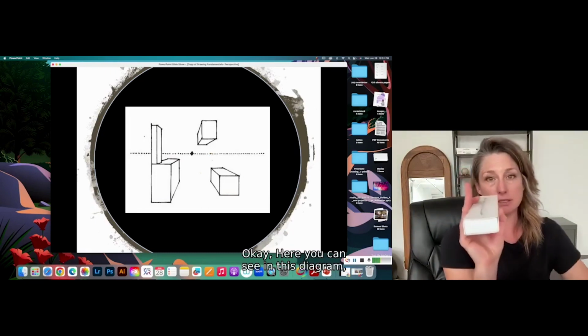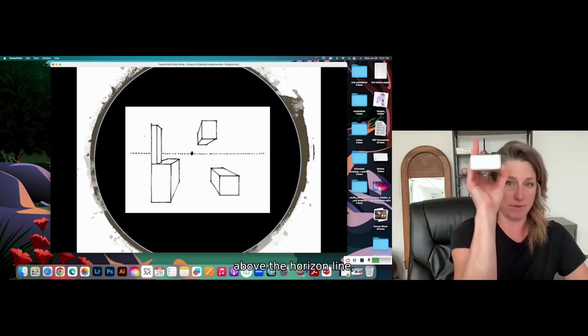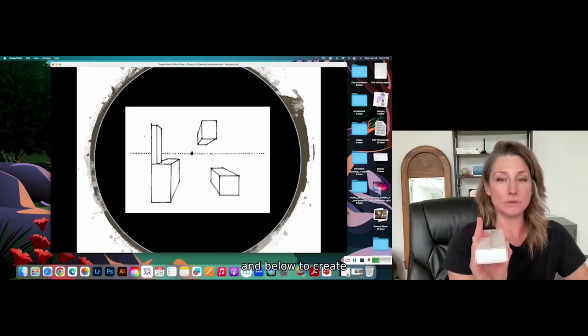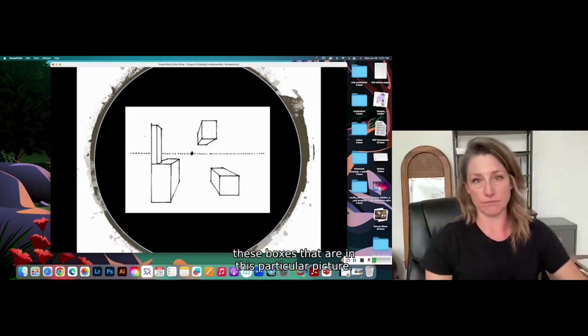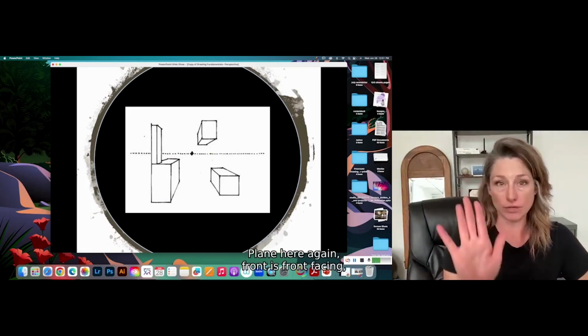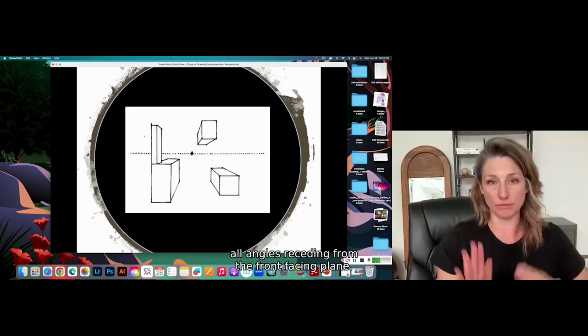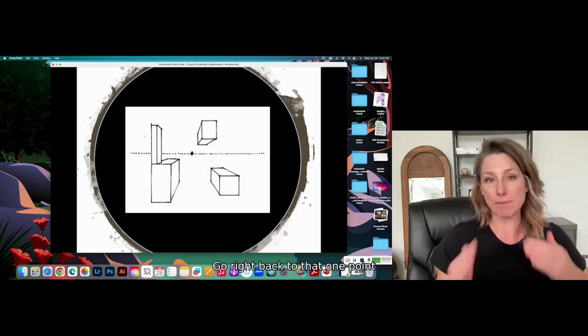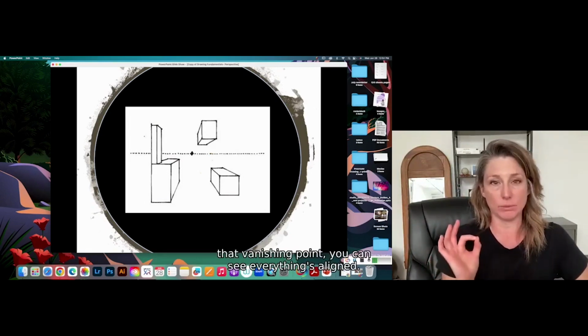So here you can see in this diagram, I'm going to be moving that above my eye level, above the horizon line, and below to create these boxes that are in this particular picture plane here. So again, front is front facing. All angles receding from the front facing plane go right back to that 1-point perspective dot in the middle there, that vanishing point. So you can see everything's aligned.